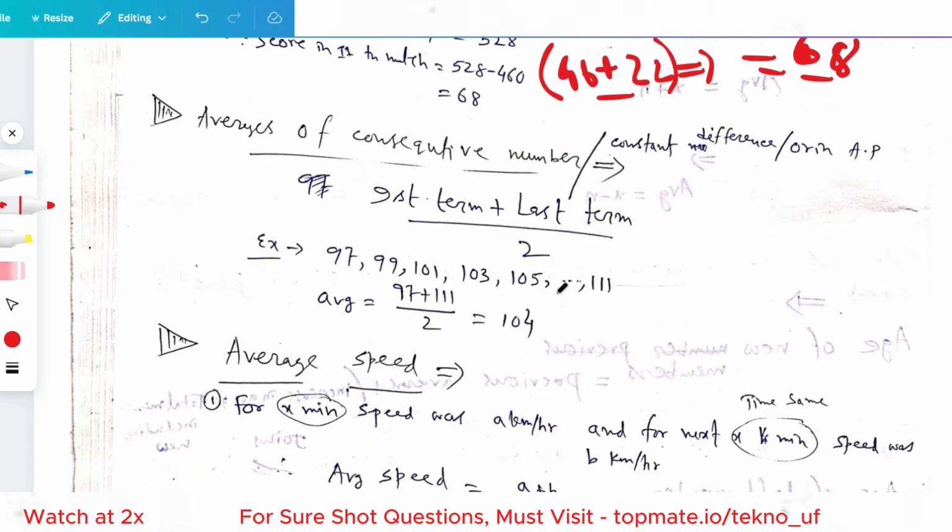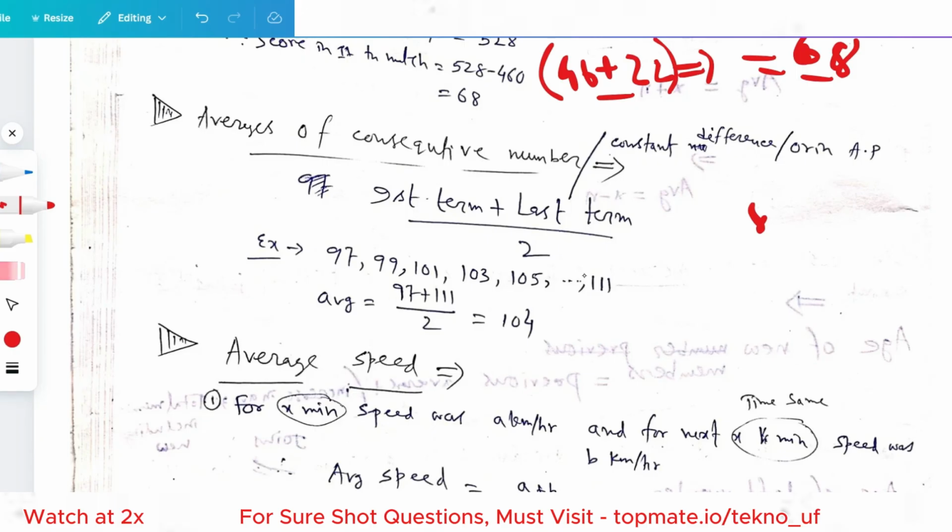Okay, so now let's see a few more examples or special cases. Averages of consecutive numbers or constant difference. Let's say there are numbers like 88, 89, 90, 91, 92. If consecutive numbers are present, and you are told to get the average of these numbers, then what will be the trick?